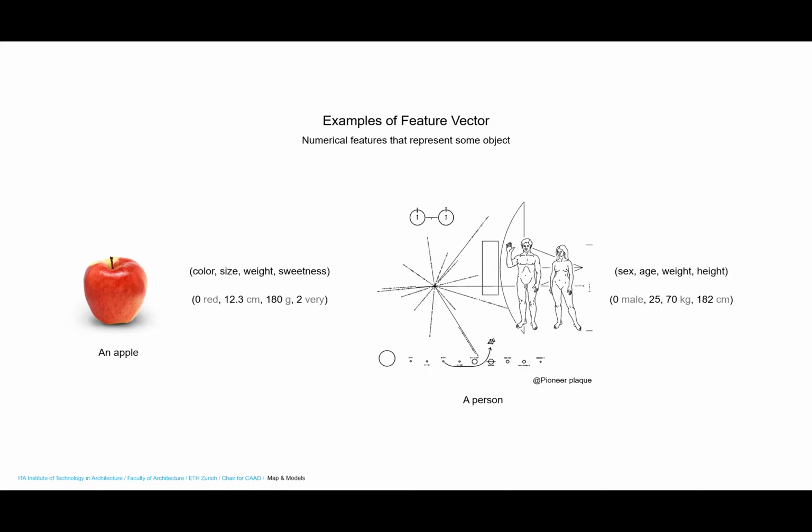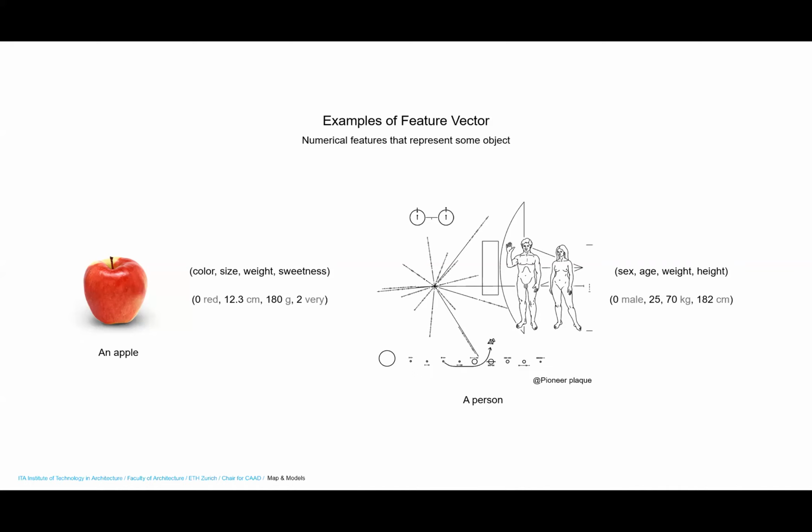For each property, we can use certain numbers to represent it. For example, 0 is red, maybe 1 is blue, and in between is some color between red and blue. And then size, of course, we can say the diameter is 12 or 13 centimeters, and weight in the same sense. And also sweetness, maybe 0 is not very sweet, 1 is okay, 2 is very sweet, and so on. And also a person we can describe, for example, by sex, by age, by weight, by height, and also something else.